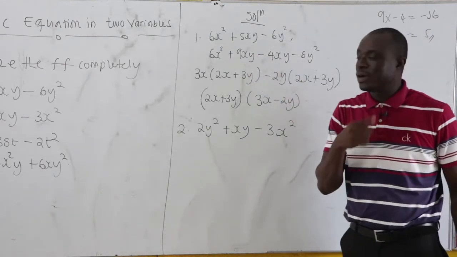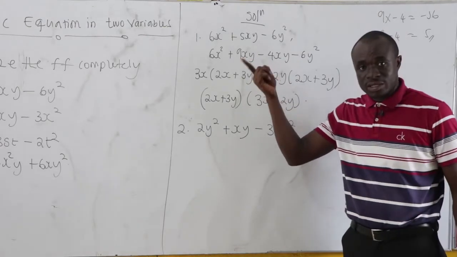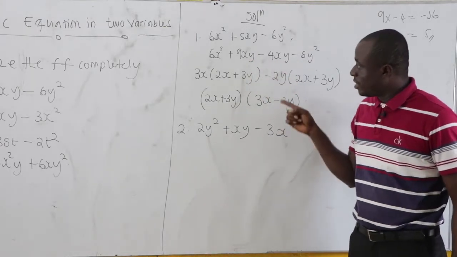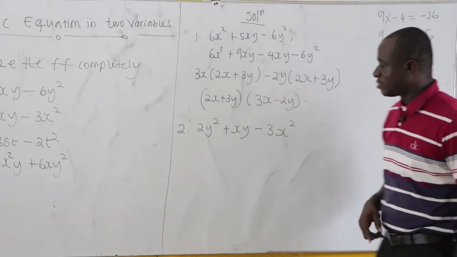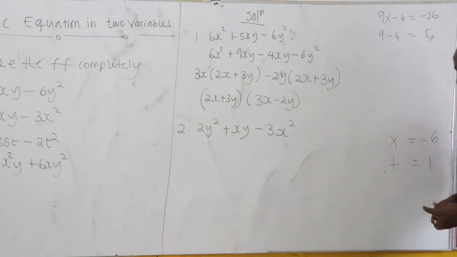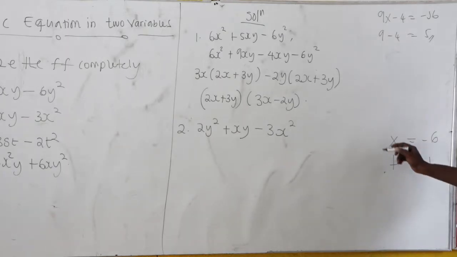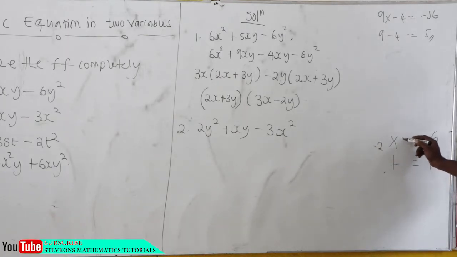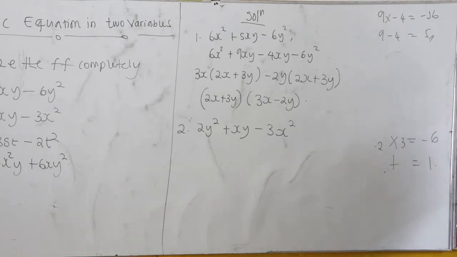The first one has only one variable; if it is x, we write x, if it is y, we write y. With two variables, we have xy. So two numbers, when you multiply, you get negative 6, and when you add, you get 1. Clearly, this will be negative 2 and positive 3. This gives us negative 6, and negative 2 plus 3 is 1.